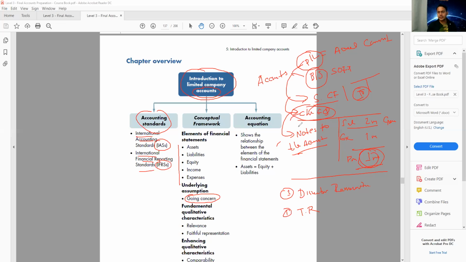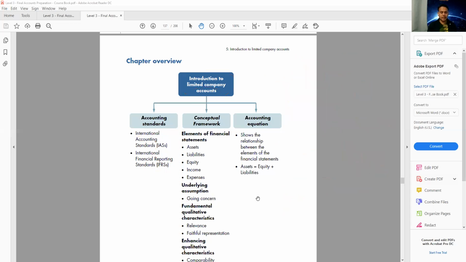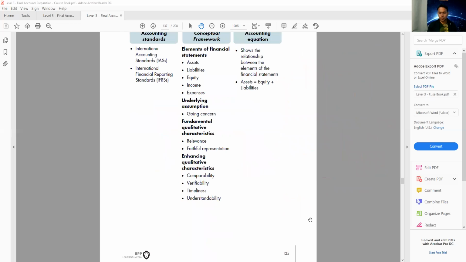Okay, so let's have a look at what else we have. Then we have some other information: qualitative characteristics. We have relevance and faithful representation. Information has to be relevant. Any irrelevant information we don't present. And the information has to be true, so it has to be faithful.